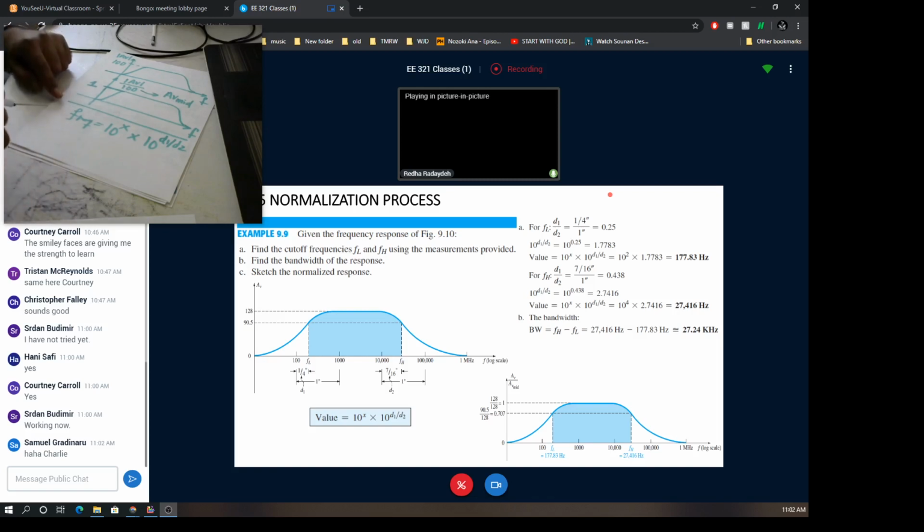Okay, so this is the value for the frequency. You need to find the ratio of d1 to d2, and then use 10 to the power of that ratio times 10 to the power x. x is the initial value of the range.